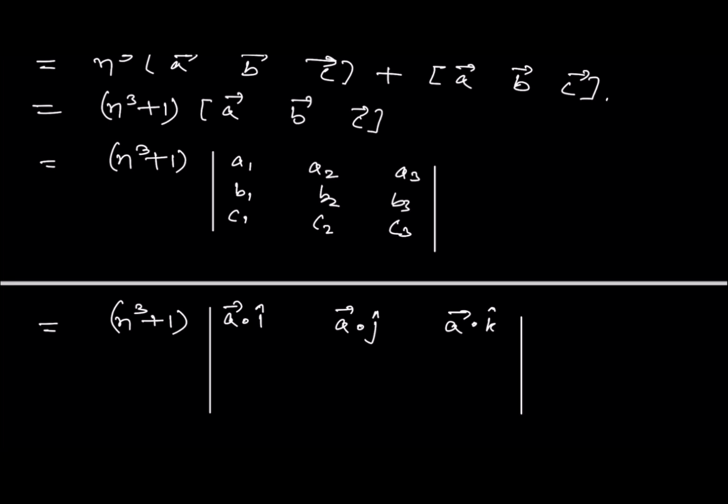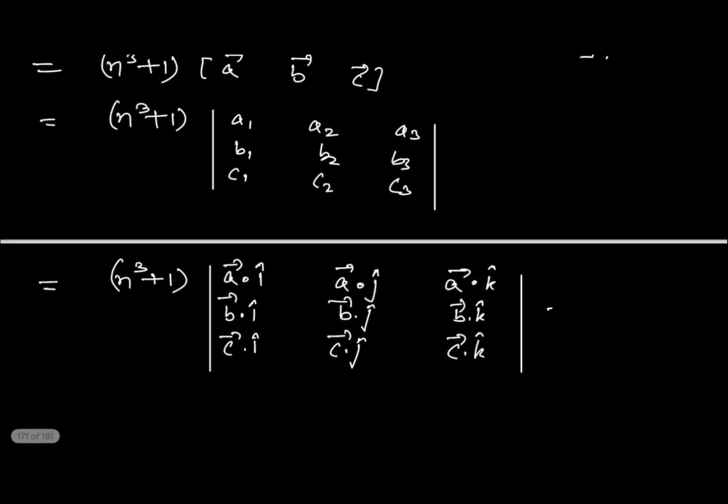Similarly, B1 is B dot i, B2 is B dot j, B3 is B dot k, C1 is C dot i, C2 is C dot j, and C3 is C dot k. And this is our RHS. So hence proved. Now this is done. Now let's come to the next question.